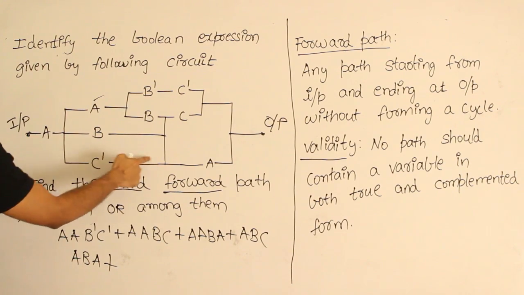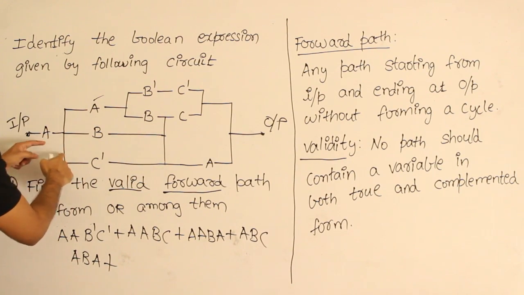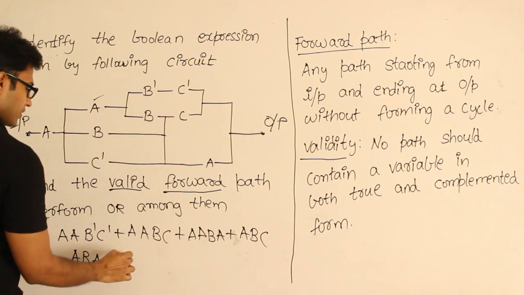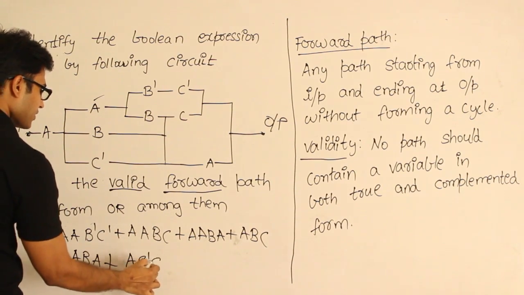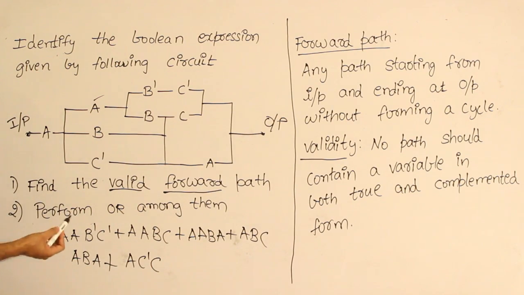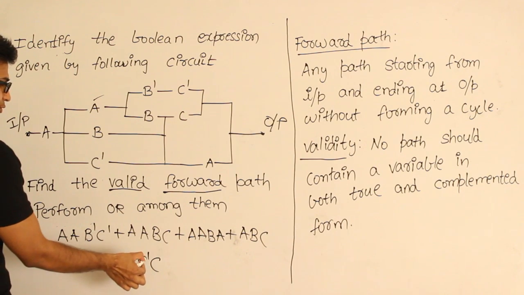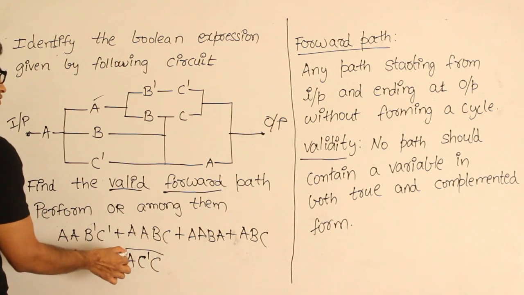Now A, C prime, C. This is what I call invalid. The reason is it contains both C and C prime. So what is C ANDed with C prime? 0.